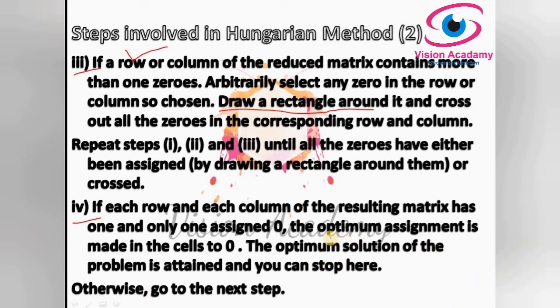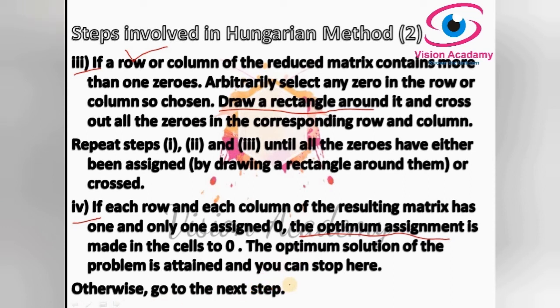So if each column and row has only one assigned 0, the optimum solution of the problem is attained. So you can stop here. Otherwise we will go for the next step.